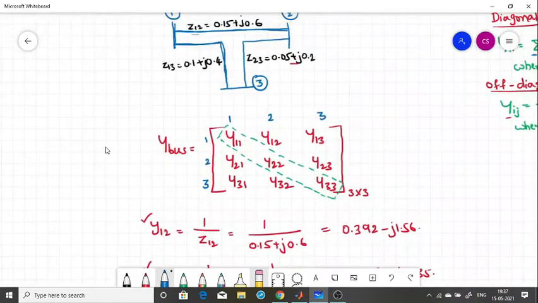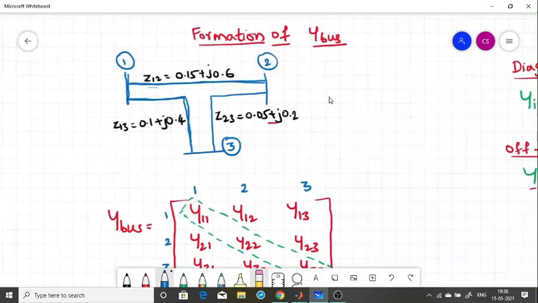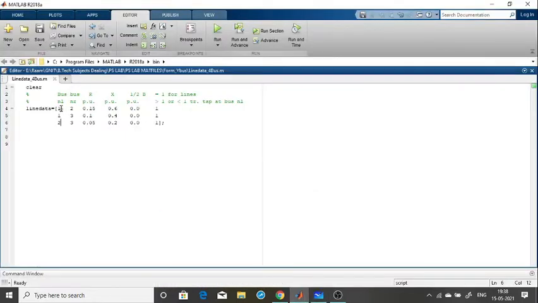That is the only input we have. So this is your NL and NR, the starting point and ending point. The starting point will be 1, the ending point will be 2. What is the impedance? See here, starting point is 1, ending point is 2. How much is the impedance?